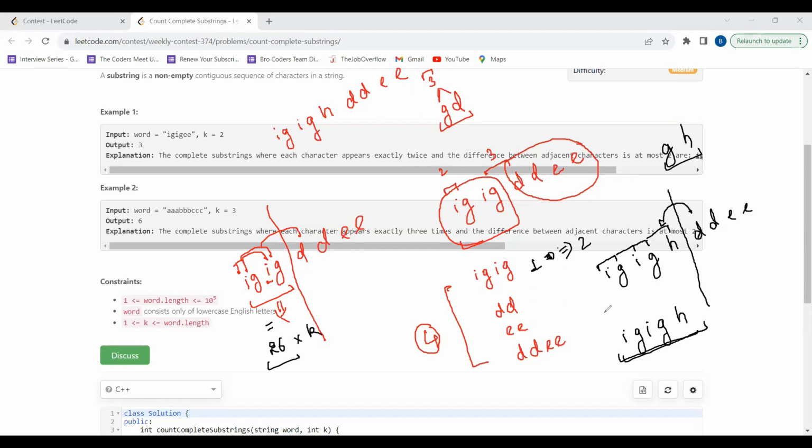IGI, no, sorry. So here see, DD. In DDEE, in DD, we have got two characters which are occurring exactly 2 times, and no other character in our substring. Here we don't have any two adjacent equal characters, so in this scenario it is not possible.